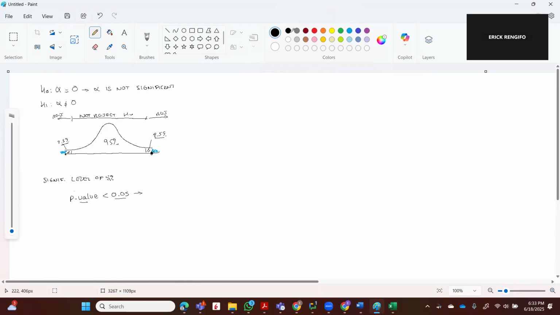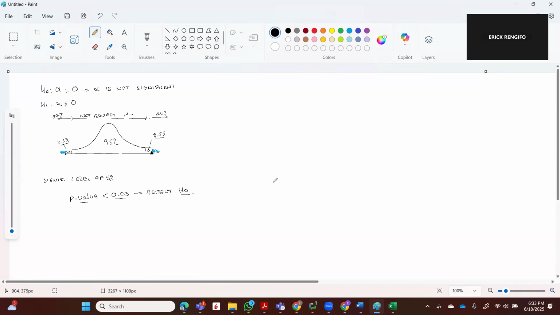Basically, if my p-value is smaller than 0.05, I'm in the rejection zone. Do you agree? So you reject H0. Rejecting H0 means, guys, that alpha is different from 0. And then you do other tests to verify the most likely value of alpha. But indeed, if the p-value of alpha is smaller than 0.05, we reject H0.